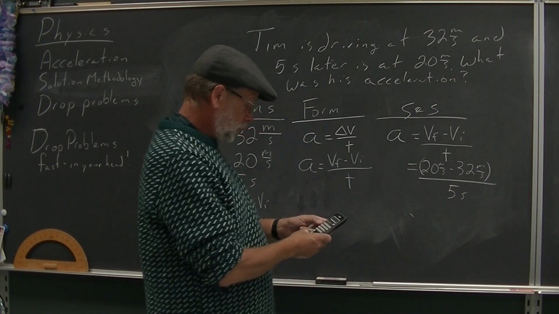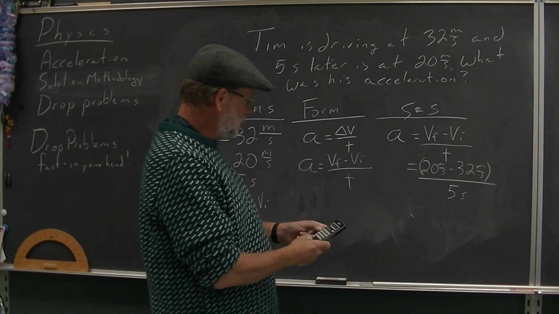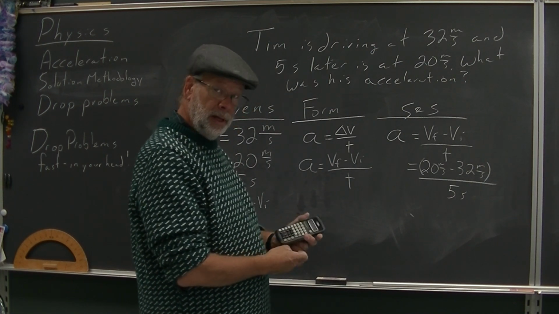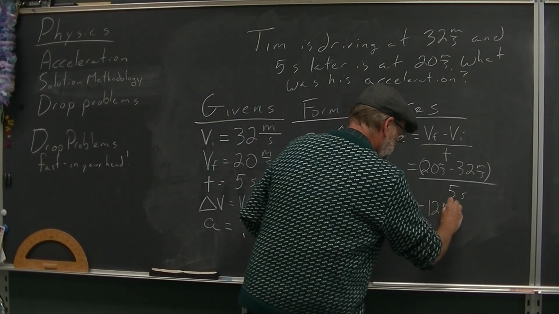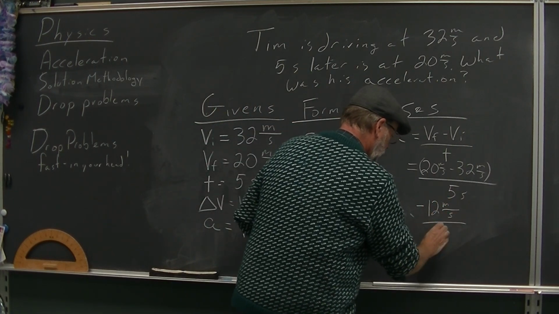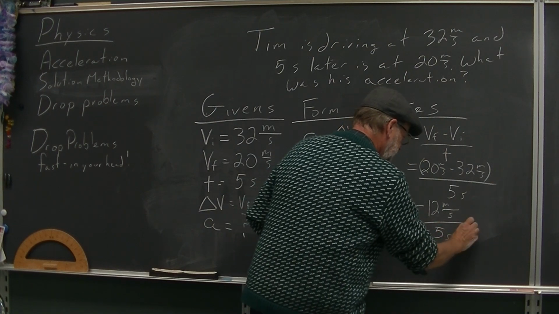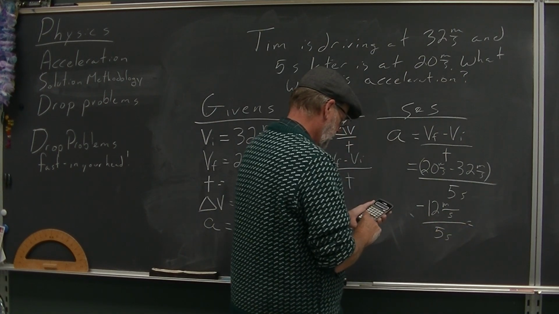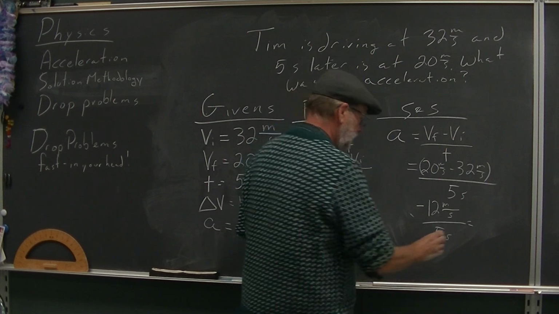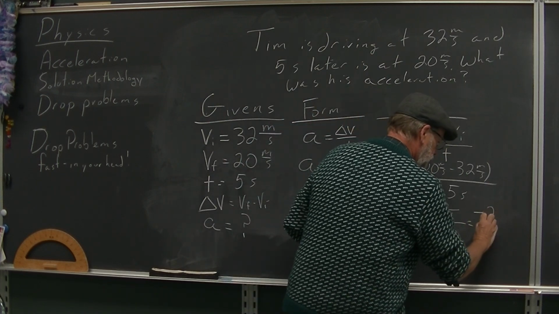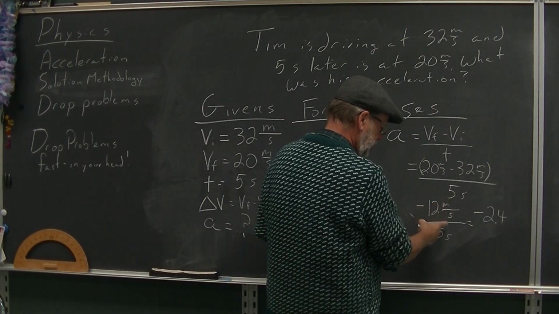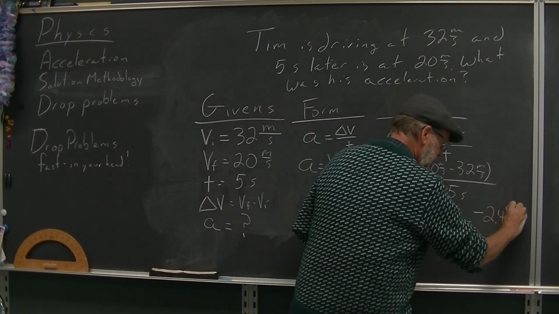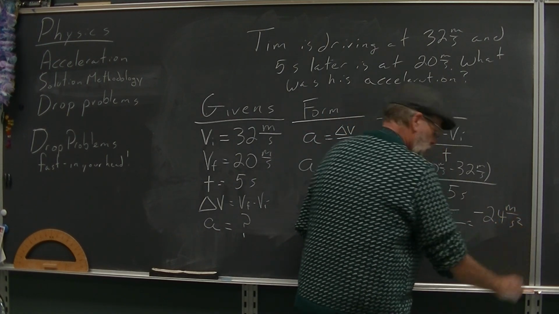So, 20 minus 32 equals, that's a negative 12 meters per second over 5 seconds. So divide by 5 equals negative 2.4, and that's going to be meters per second squared.